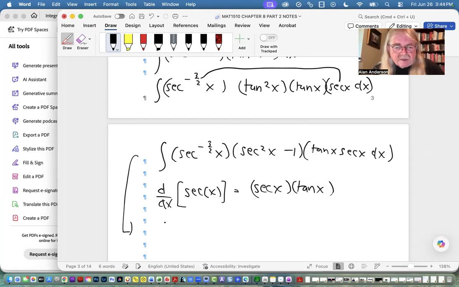So we can multiply these out. When you multiply secant to the minus 3 halves power times secant squared, you end up with positive 1 half.